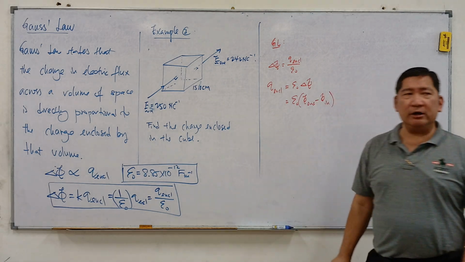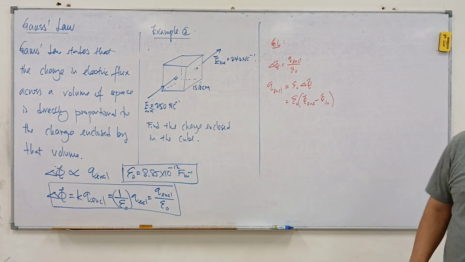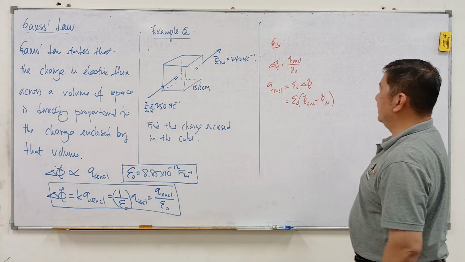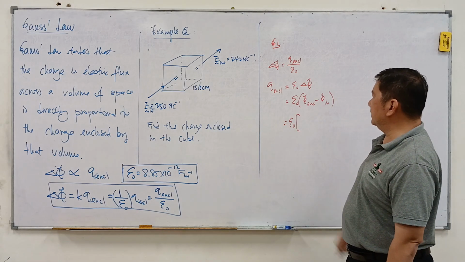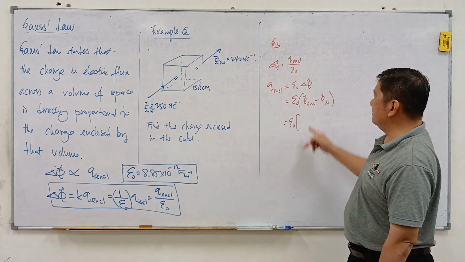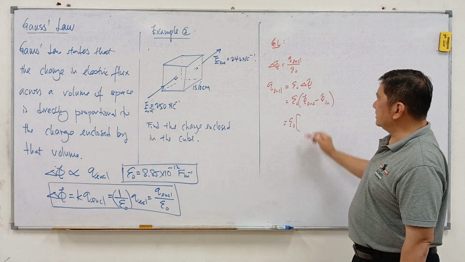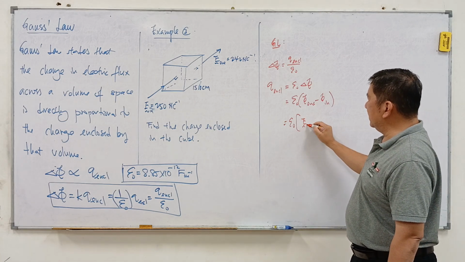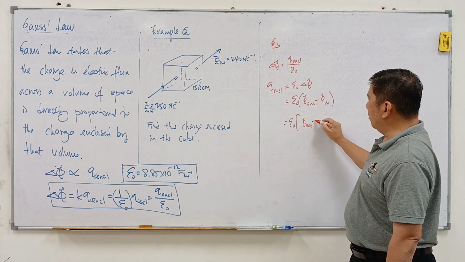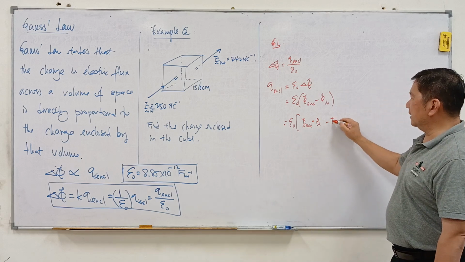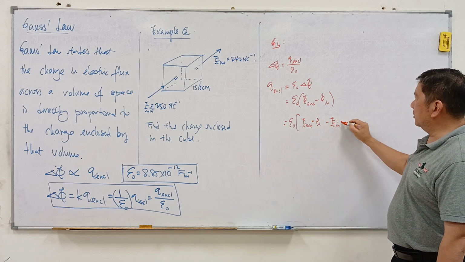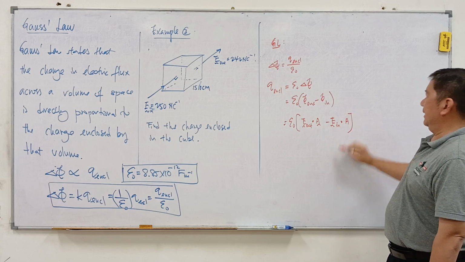But we don't have phi, right? But you have surface area and E value. So you break this down into its subsidiary equation. Phi out is equal to E out dot A, and minus this one, E in dot A also.